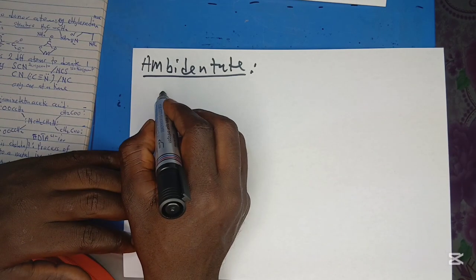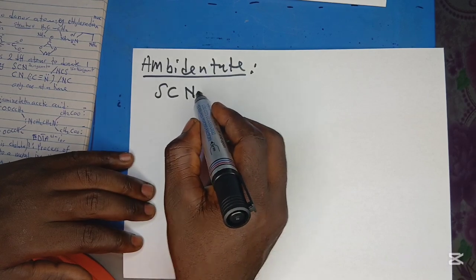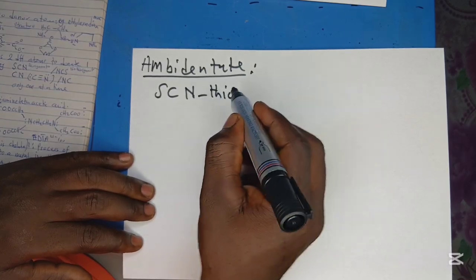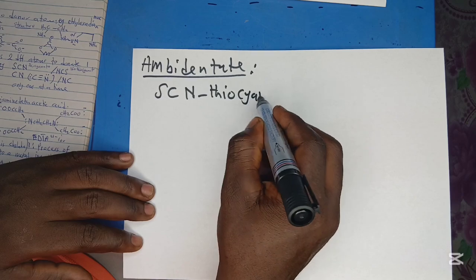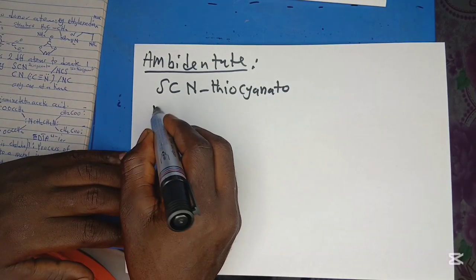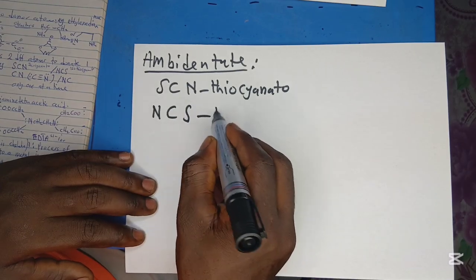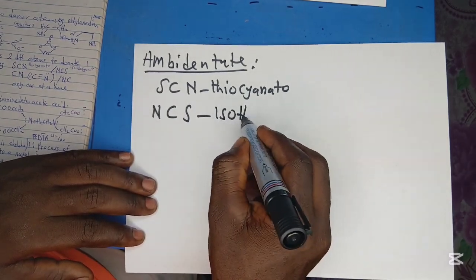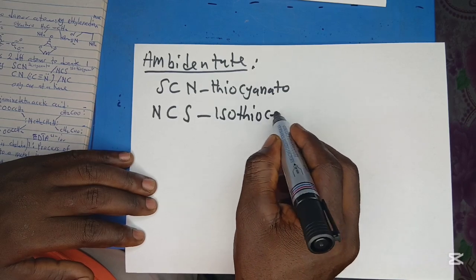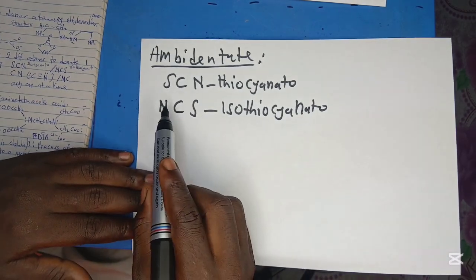So let's say an example is SCN, whose ligand name is thiocyanate, and the reverse of this, NCS, is isothiocyanate. Have you seen the difference?